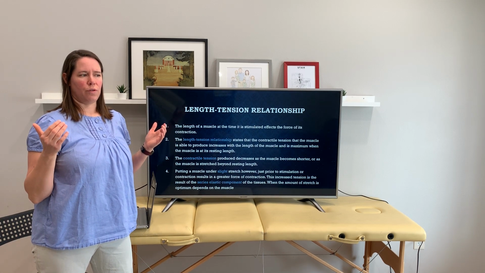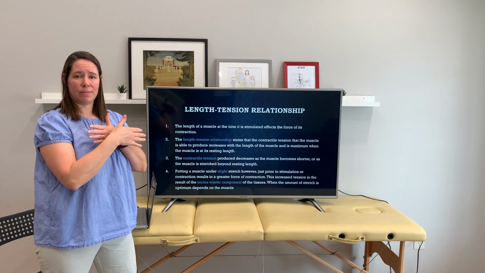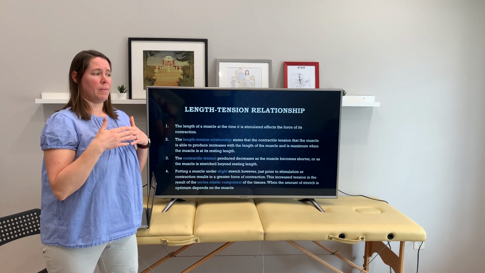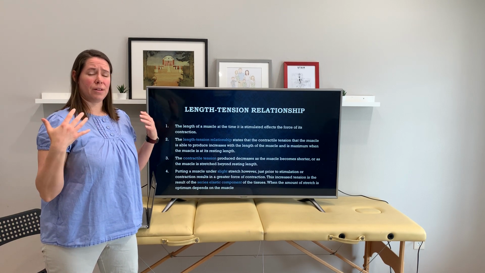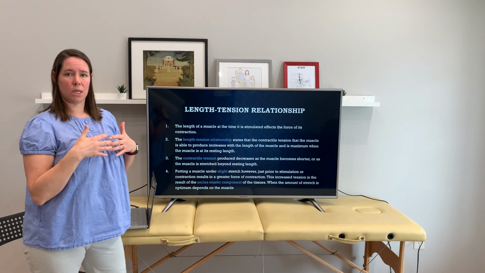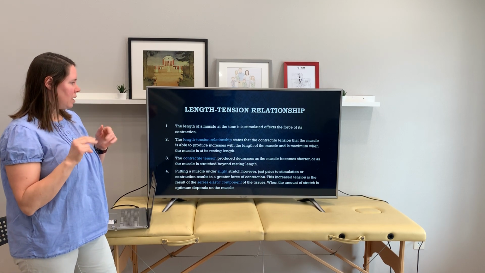If you are shortened too much, you've overlapped and can't form your cross bridges because they've just slid past each other. And the same thing, if you're lengthened too much, they're too far apart to be able to form those cross bridges either. So there's kind of this perfect little window.